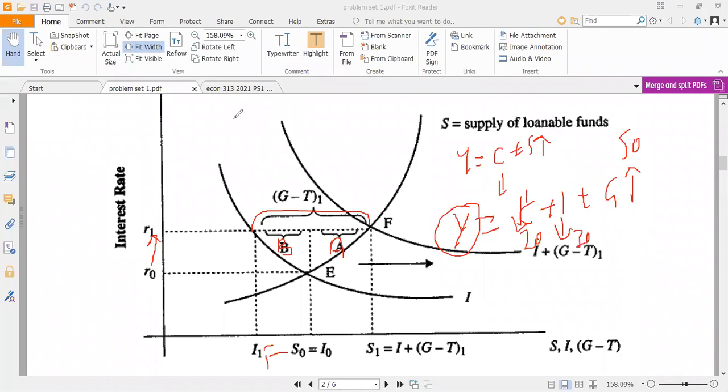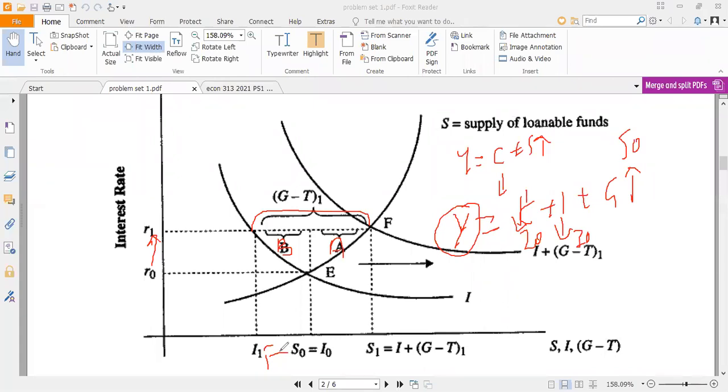Yeah, hello. Yes. How about the induced interest rate? Because of the increase in interest rates, there is a fall in investment.